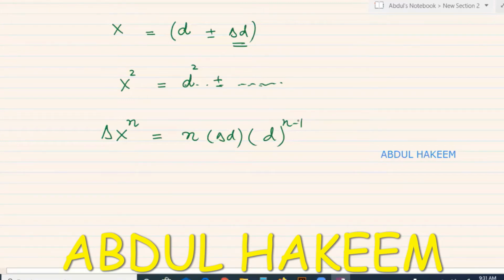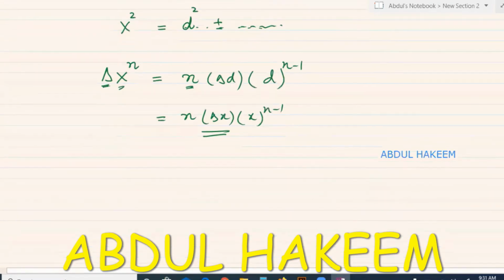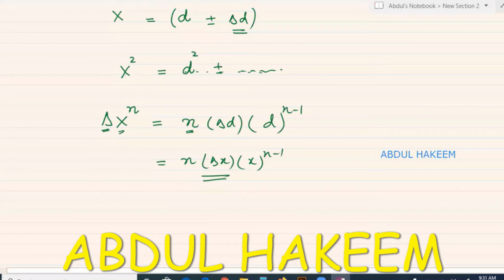So this is the formula when we have to calculate values for the power and their uncertainties. So delta x power n is n times delta d, or simply you can write it n times delta x times x power n minus 1. So this is the formula when we have to calculate the uncertainty for any power.